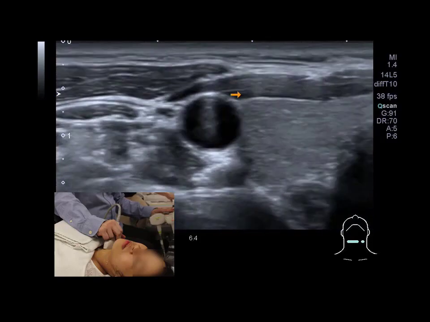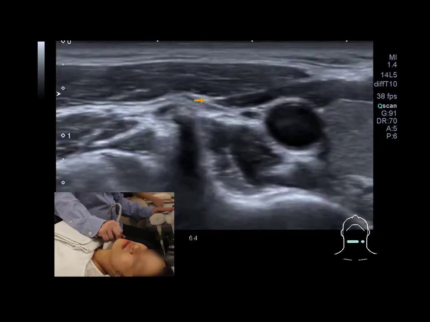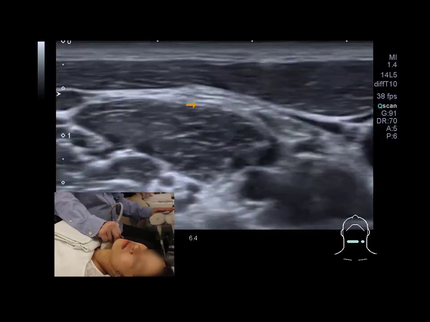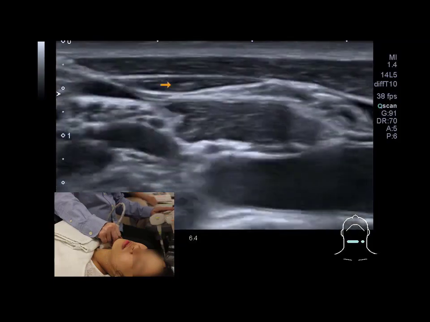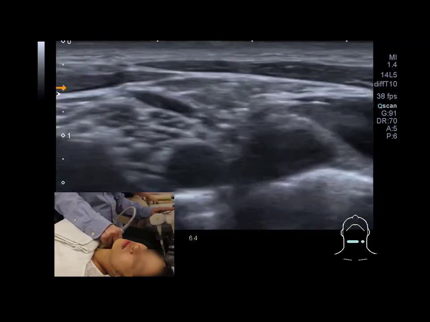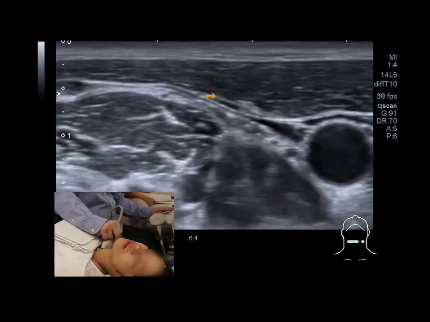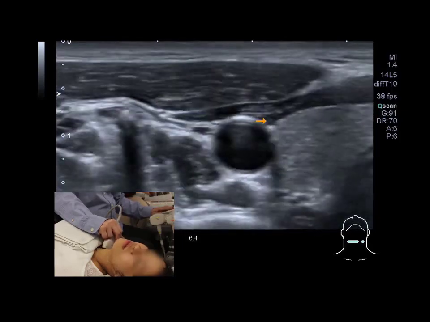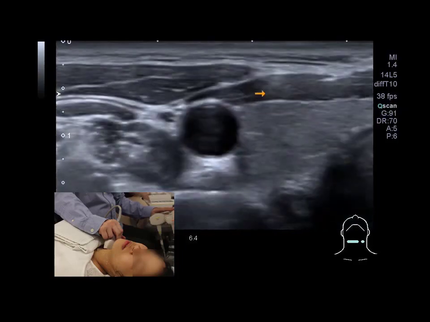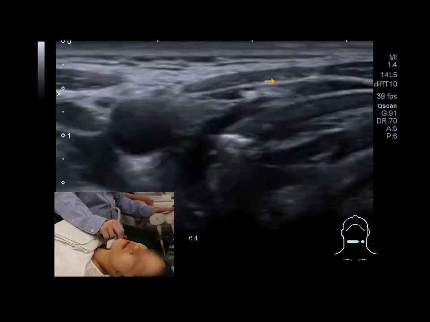When it goes down, it turns to tendon in the middle, and then turns to muscle belly again. So it has two bellies, inferior belly and superior belly. The superior belly will cross the common carotid artery, which is the landmark to separate level 3 and level 4 of the neck.